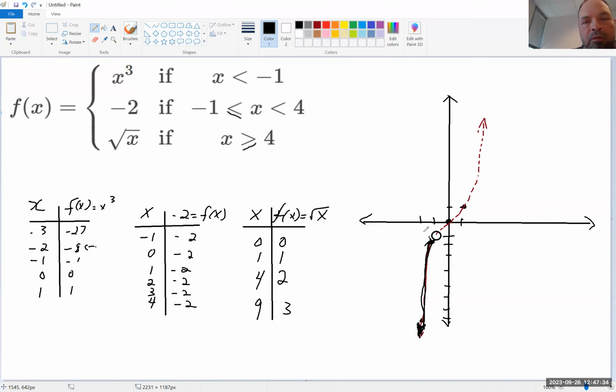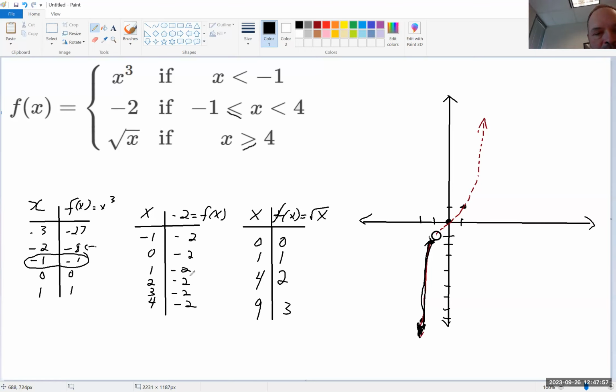But it's an open circle because it does not include this value, right? Because otherwise it would have that symbol, but it doesn't. So it does not include the -1. So this is not included, but it helps us identify where the starting point is.